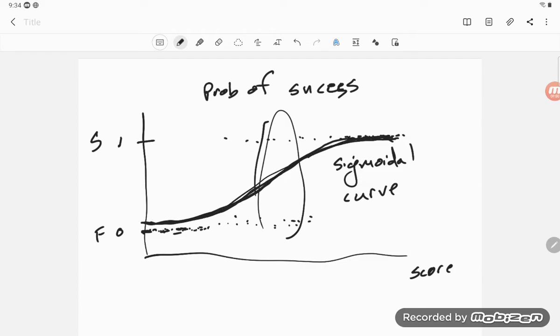So if we have data that look like that, what we'd like to do is some sort of prediction, if possible. Again, because you want to look at their score and try to decide, does it make sense to do this transplant?